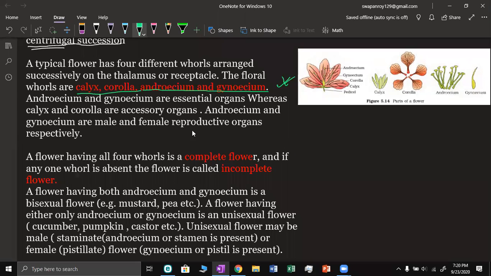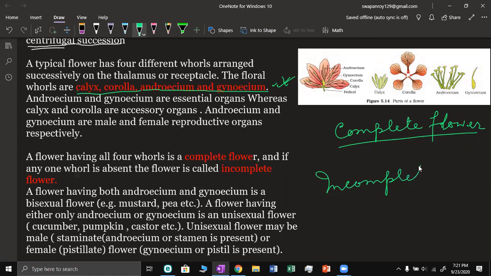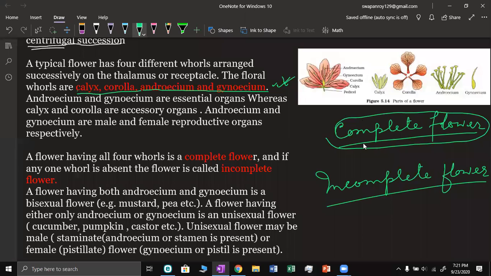So these four different structures are there. A flower is known as a complete flower, and another flower is an incomplete flower. A flower in which all the four whorls, calyx, corolla, androecium, gynoecium, are present is complete.